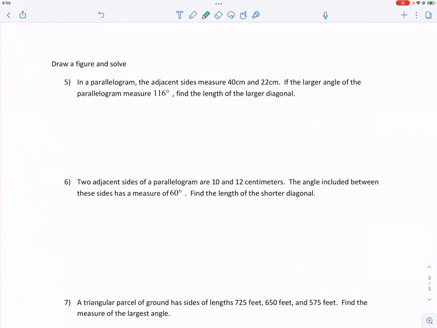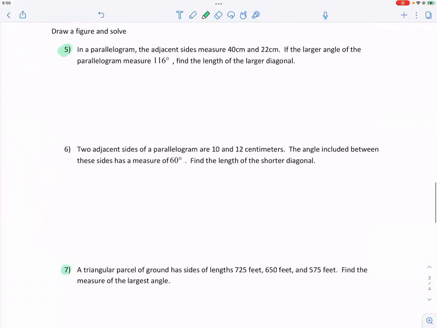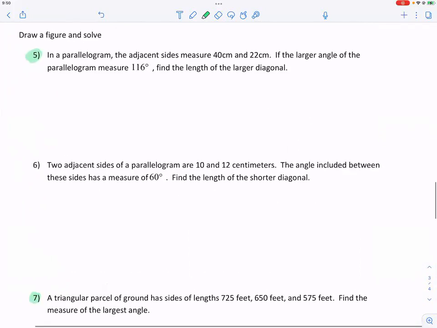So go ahead, take 5 minutes to work on it with your partner, with your neighbor, with someone around you, or by yourself. Take 5 minutes to work on these two problems, and we'll go over them together.